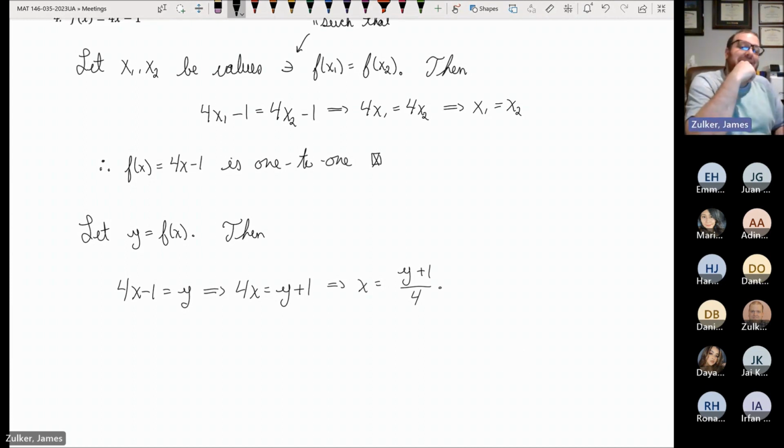Notice what we just did. We assumed that y was an output, right? So we said y is the output that we're looking for. What we just did is found its corresponding input.